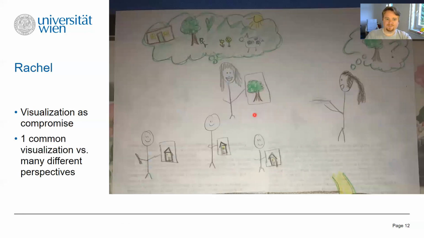Okay, and then this is a very interesting input also from Rachel. So I had to look first a bit at this summary, and Rachel, you can please correct me. Maybe you can write a little comment in the forum if I do something wrong.